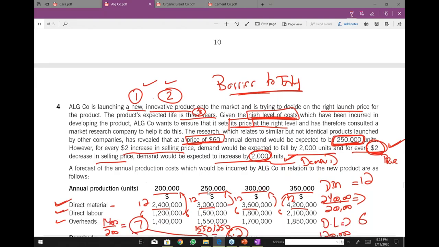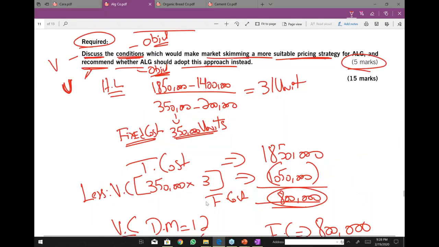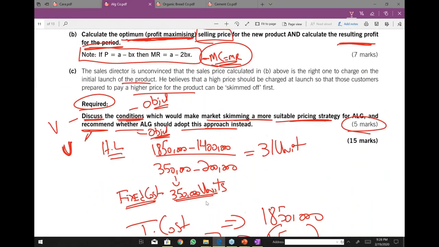Okay. So considering all these things, that is high cost, 3 years life, there seems to be barriers to entry.